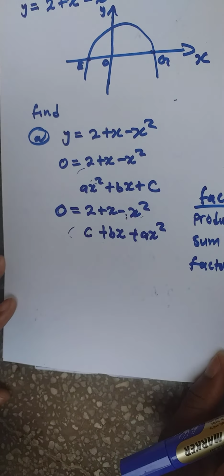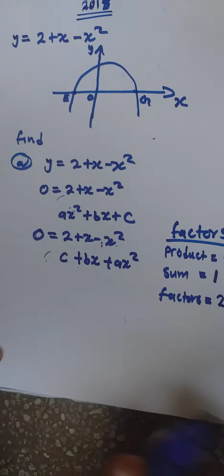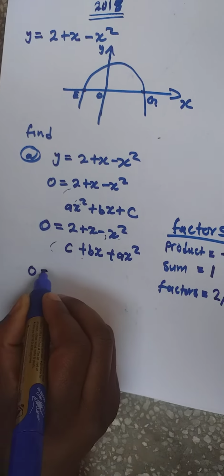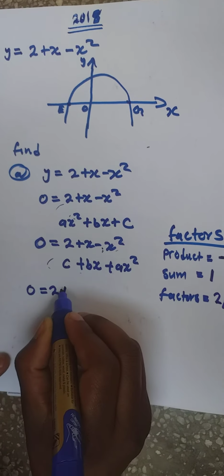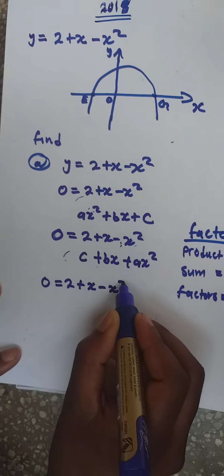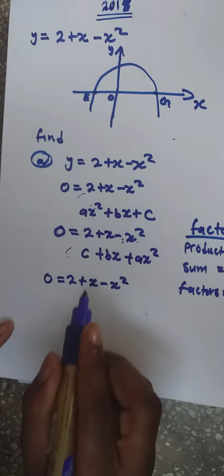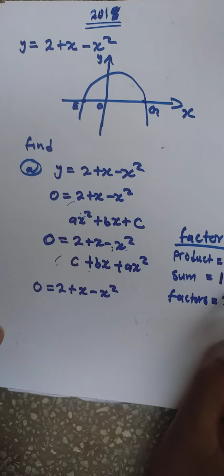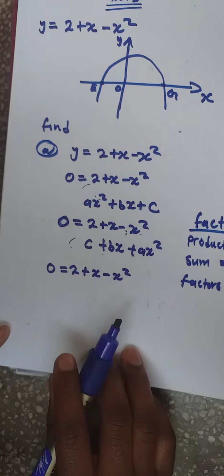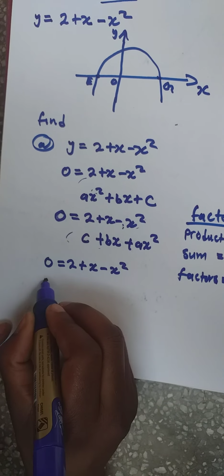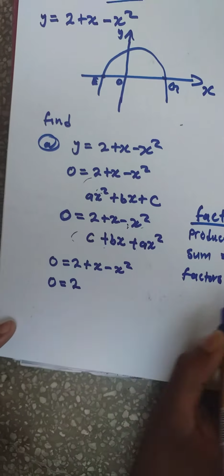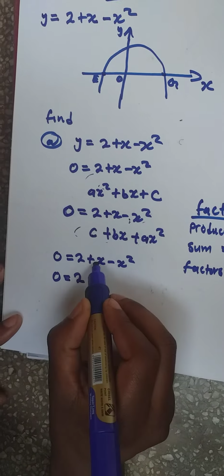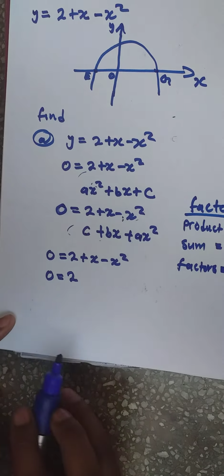So these factors, you need to come and replace them in this function. So we're going to have 0 is equals to 2 plus the x minus x squared. These two factors, we replace them with the middle part, the part for bx. We give them the variable which was here, which is the x.